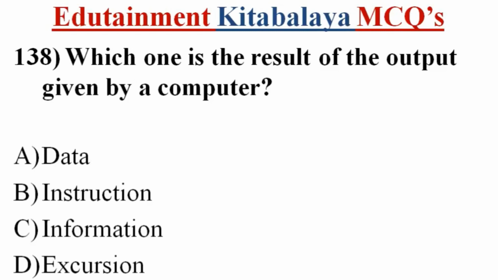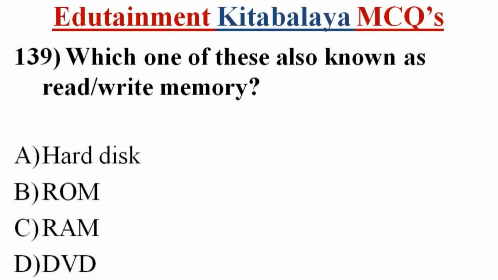B. Instruction. C. Information. D. Excursion. Correct answer is C. Information. Question number 139. Which one of these also known as read/write memory? A. Hard disk. B. ROM. C. RAM. D. DVD. Correct answer is C. RAM.